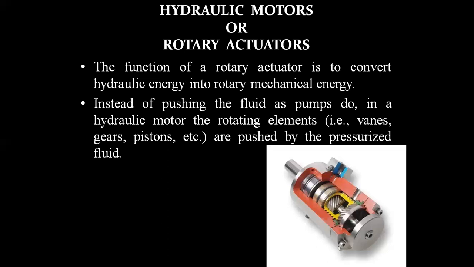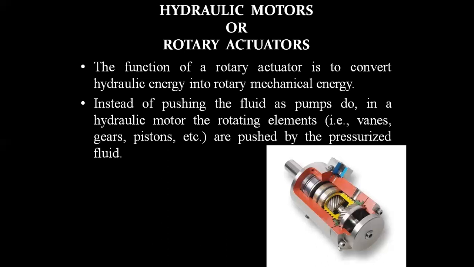The output from the pump, that is the high pressure hydraulic energy, is sent into the motor, where the motor vanes are influenced by this high pressure liquid. Due to this influence, we get a mechanical energy, that is a mechanical output. That mechanical output is nothing but the useful work.